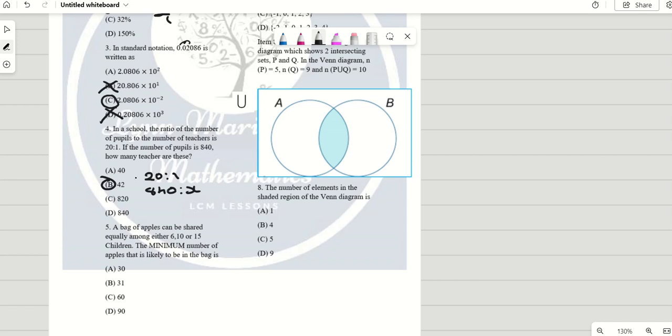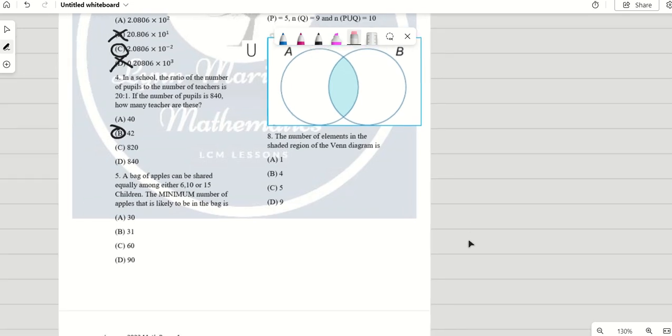Because they are in the same ratio, we could say 20 is equal to 840 over x. To make x the subject, carry across x, so you get 20x is equal to 840. Then x is 840 divided by 20, and you'll get 42. So that's how you would do this question.